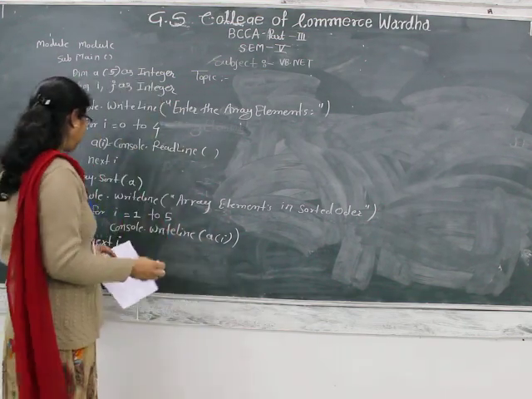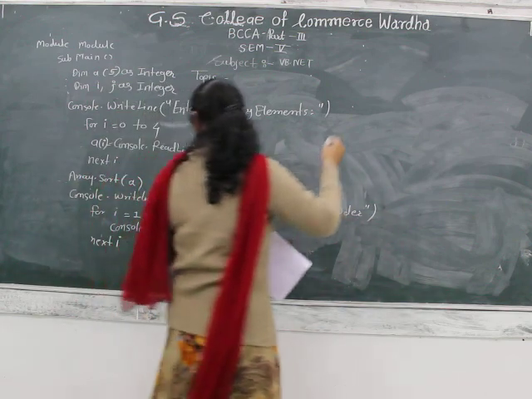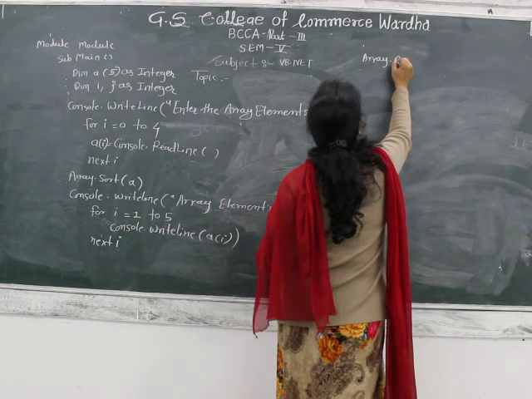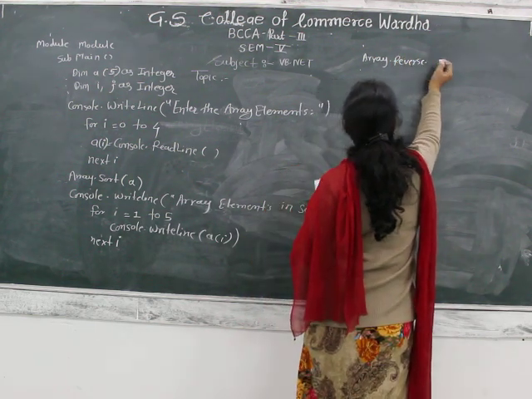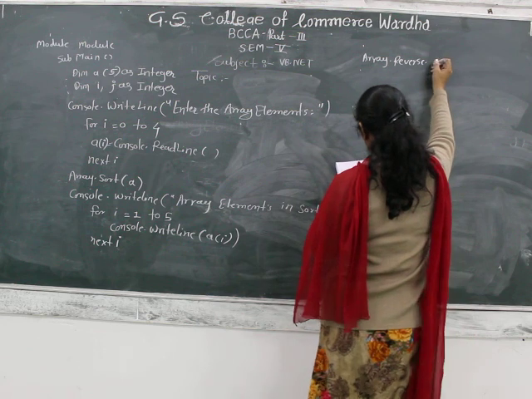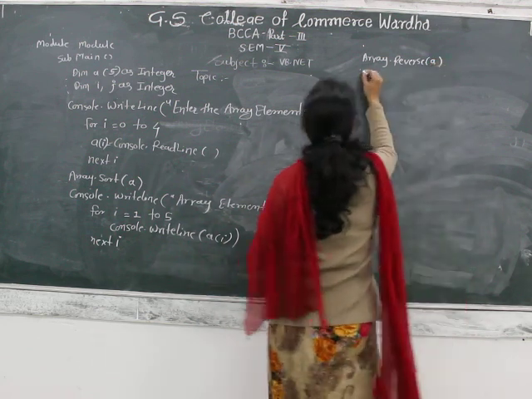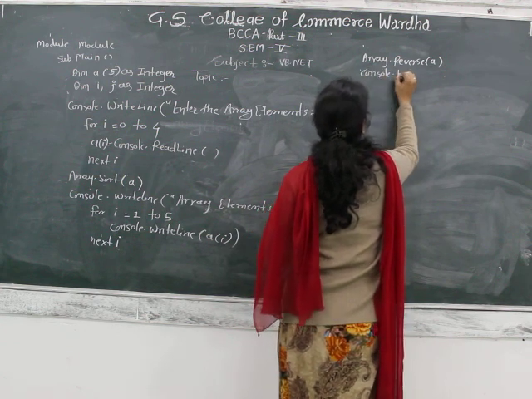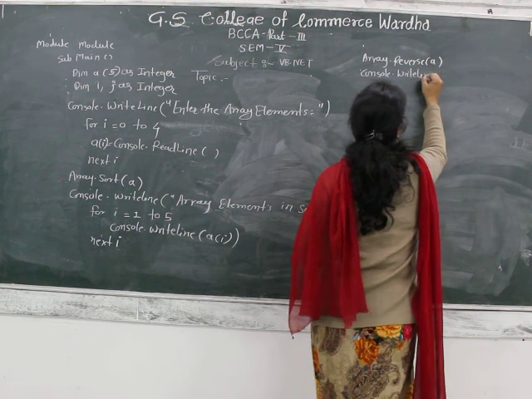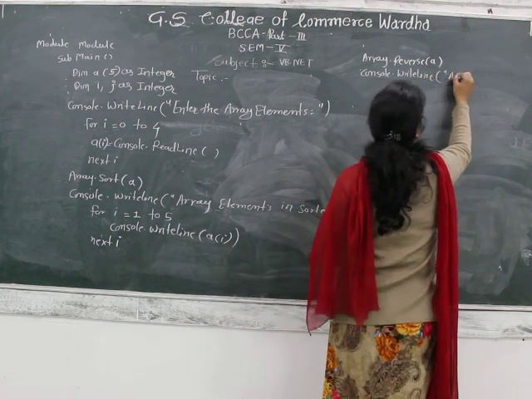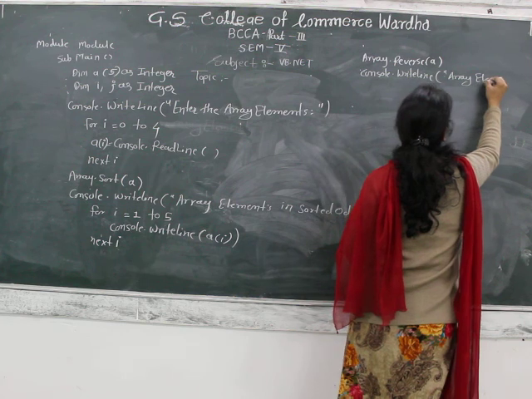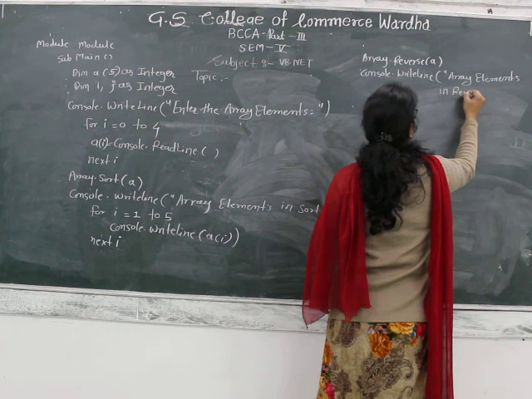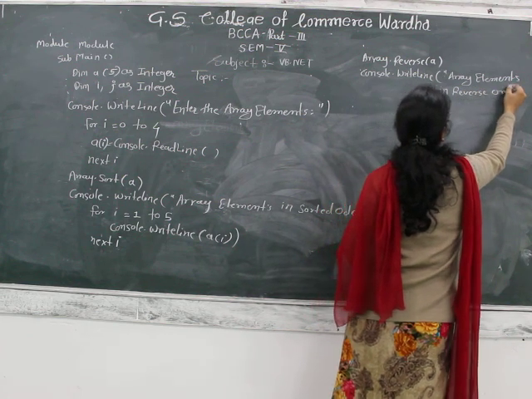Okay, so I am writing here Array.Reverse(A), then Console.WriteLine("Array elements in reverse order").